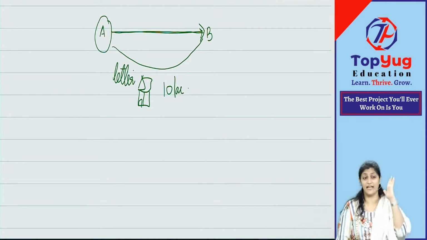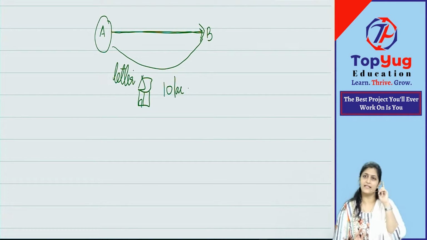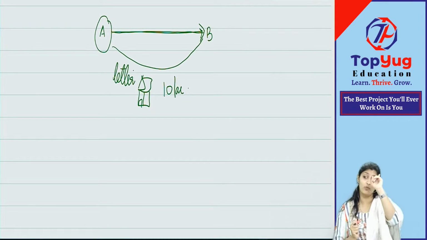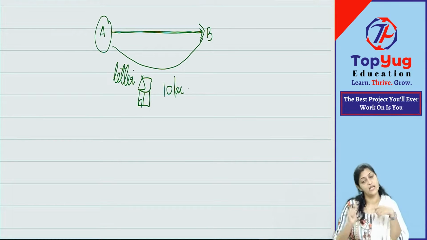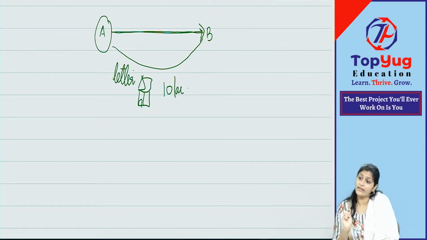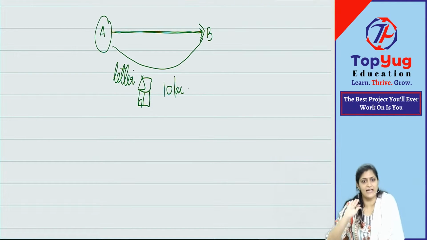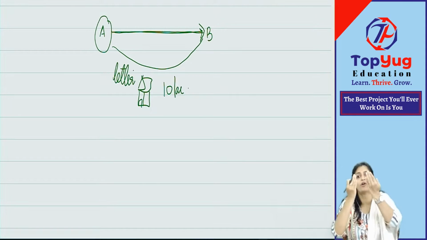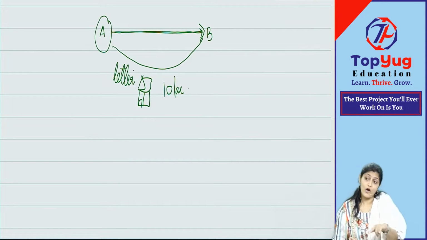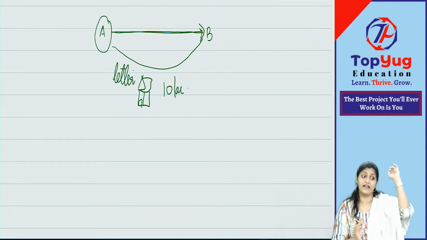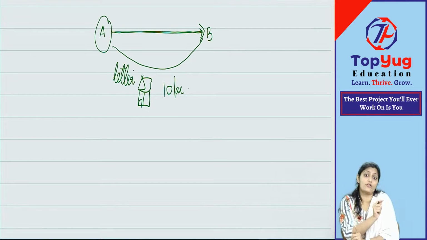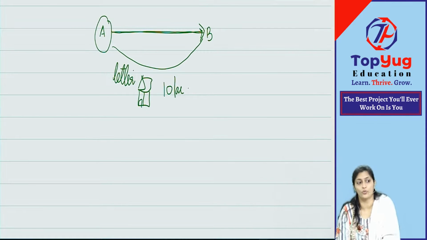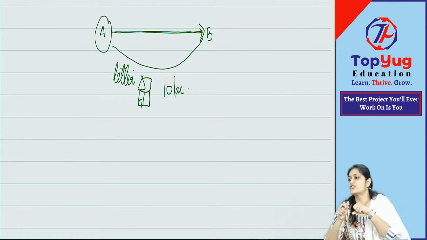Now the time came when A is thinking, now I will sell my house. Whom should I sell to? Okay, B is my friend, he wanted my house. I will sell my house to B. So what did he do? He's writing a letter. Through the letter, he is offering B, I want to sell my house to you. And now B also at the same time is thinking, I'm searching so many houses, I did not find one, my friend A wanted to sell his house, now I will also give one offer to A saying that I will purchase.